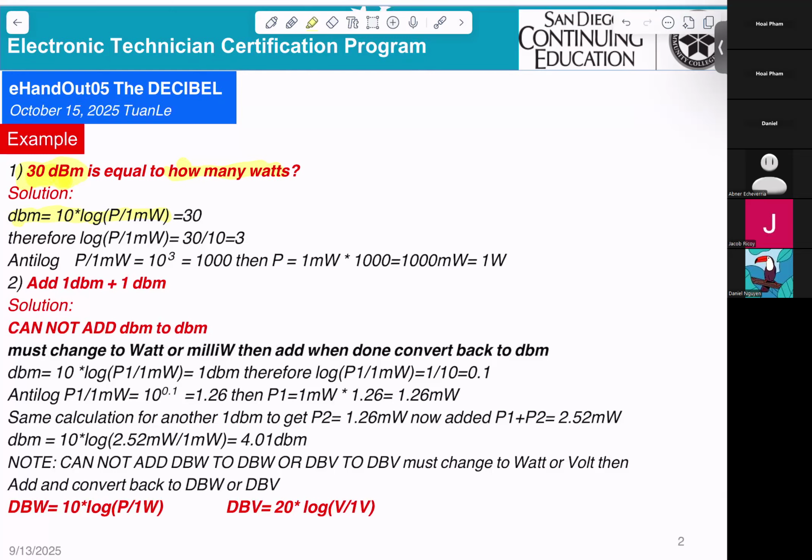So you take 30 divided by 10, and you get 3. That's the log of P over 1 milliwatt.